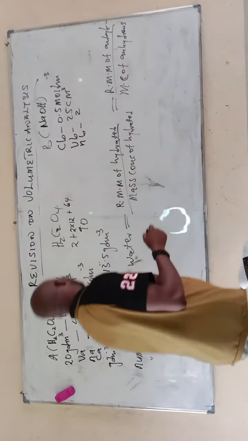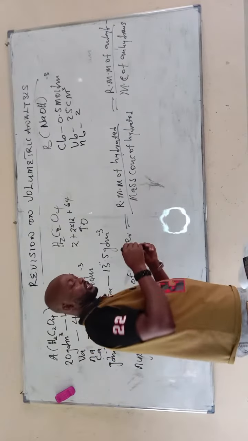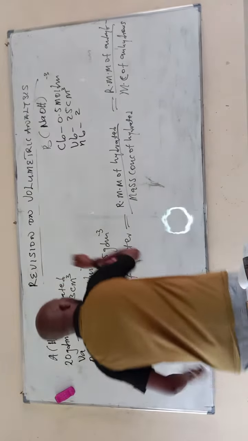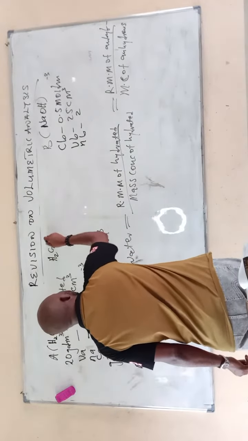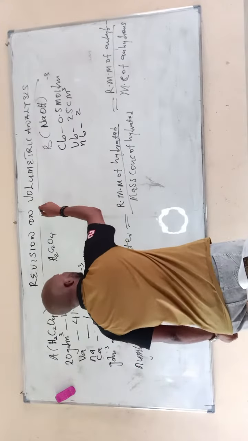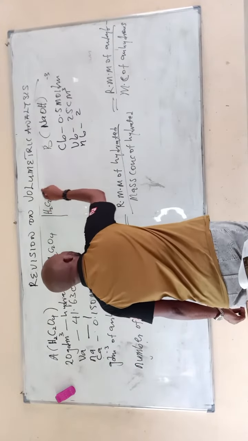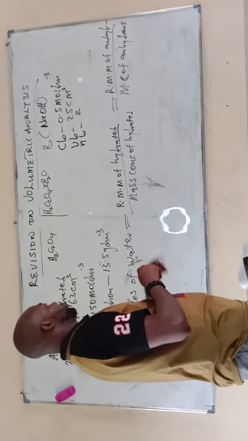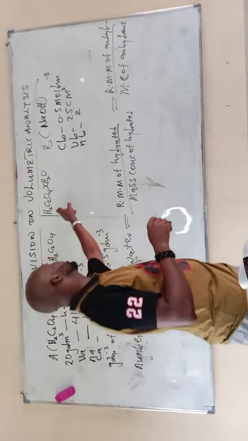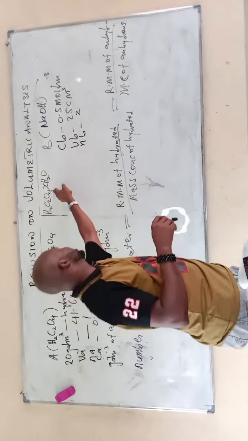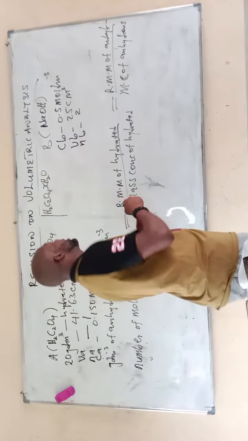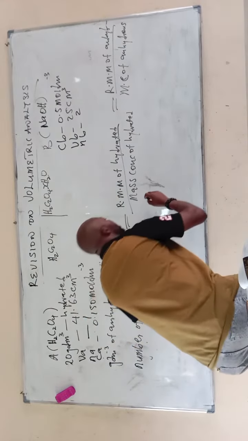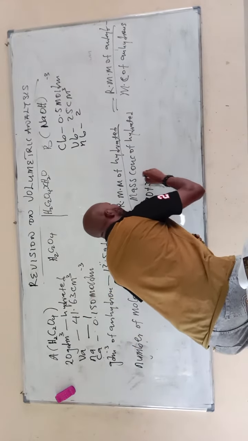Now the relative molecular mass of hydrated, this is the difference. Let me write them again so that you know. H2C2O4 is anhydrous. H2C2O4.XH2O is hydrated. Now, we are talking of the relative molecular mass of hydrated, which means I have to do the calculation of this. Remember, this is 90 and this water is 18. 16 plus 2 is 18. So the relative molecular mass of hydrated will be 90 plus X18.